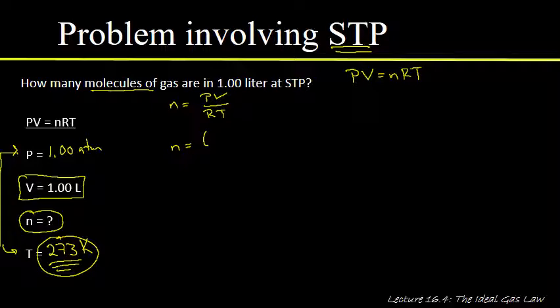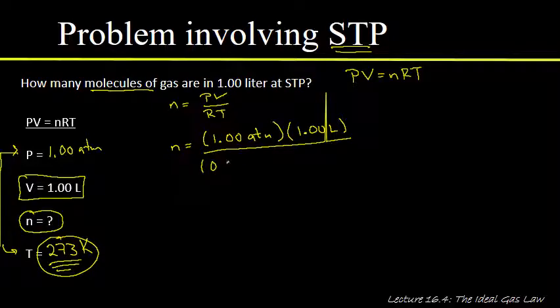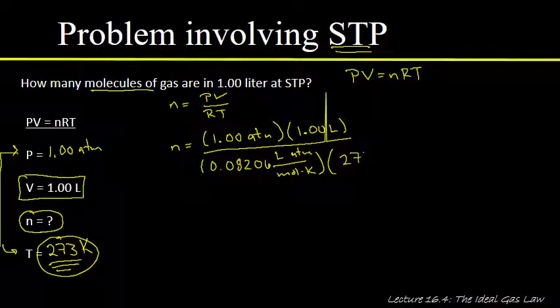So n is our pressure, one atmosphere, times the volume, 1 liter, divided by R, 0.08206 liters atmospheres per mole Kelvin, times the temperature, 273 Kelvin.